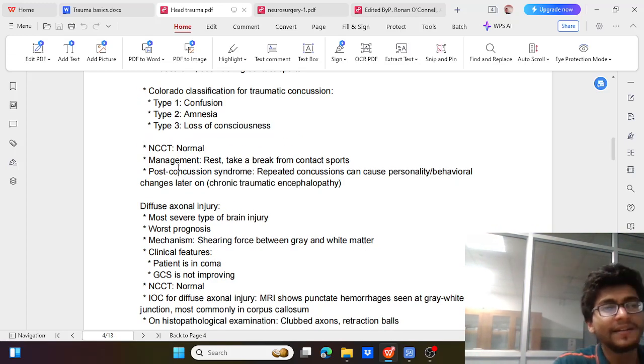In NCCT, that is non-contrast CT scan, always remember in CT head for trauma we always do non-contrast CT, and it will be normal. How do we manage? Only rest and a break from contact sports will most probably be sufficient. And what is post-concussion syndrome? Repeated injury can cause personality and behavioral changes, that is chronic traumatic encephalopathy.